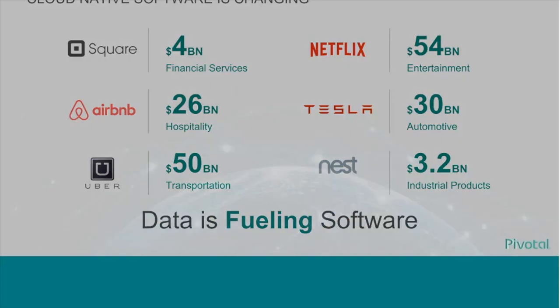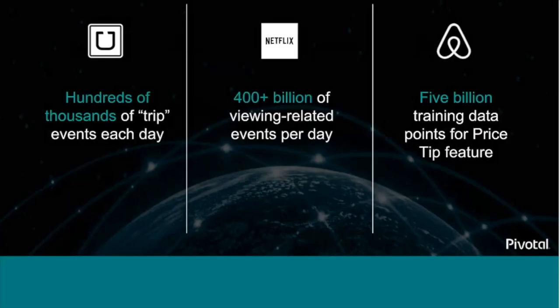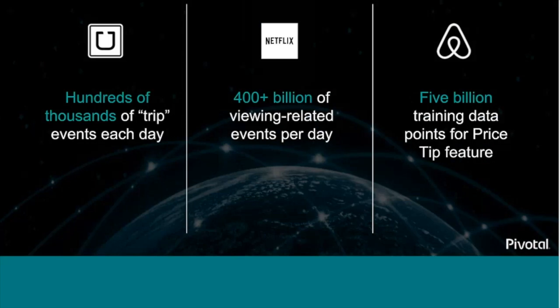These disruptors use a lot of data, whether it is Uber with hundreds of thousands of trip events each day, Netflix with 400+ billion viewing-related events per day, or Airbnb with 5 billion training data points for its price tip feature. These companies are dealing with data on a totally different scale than traditional enterprises.